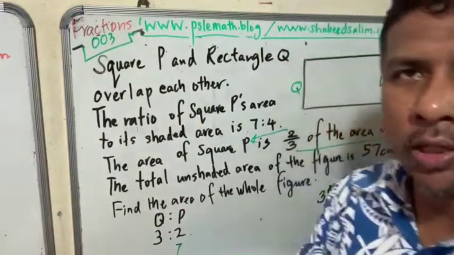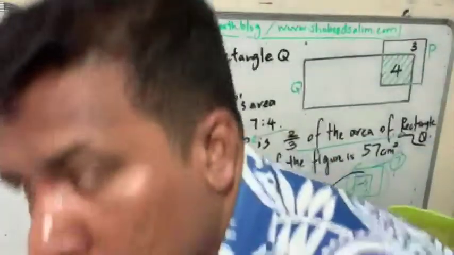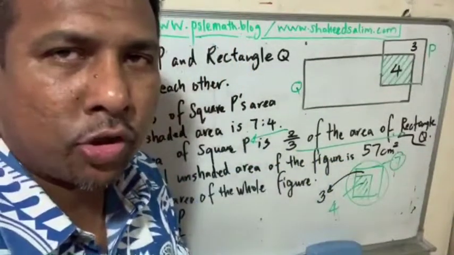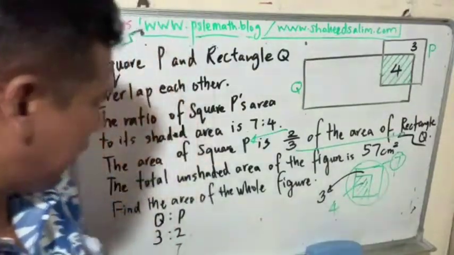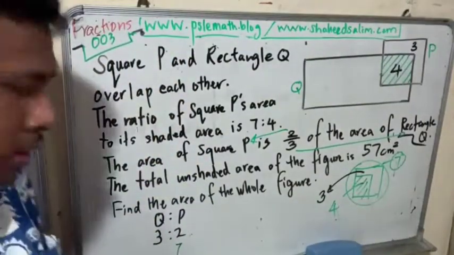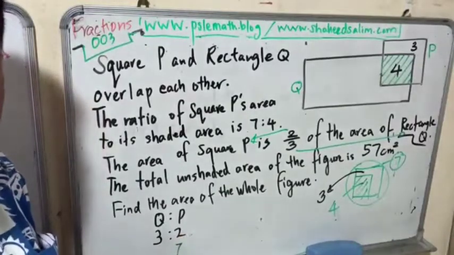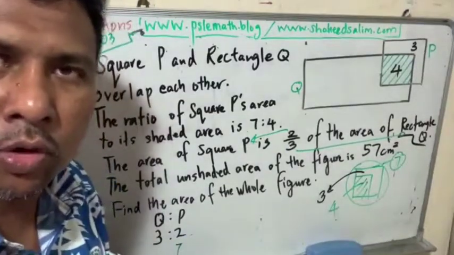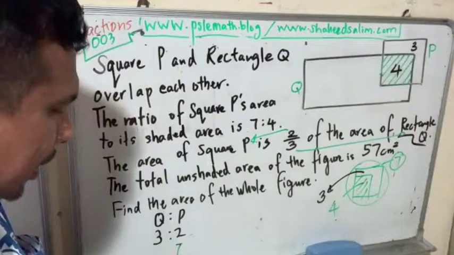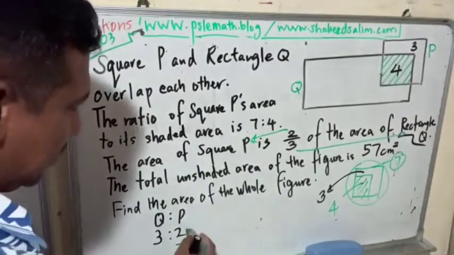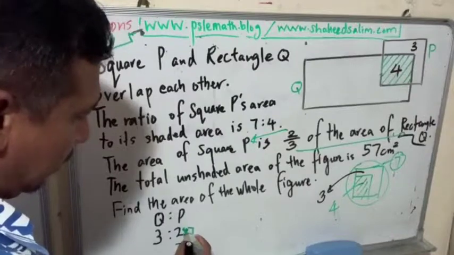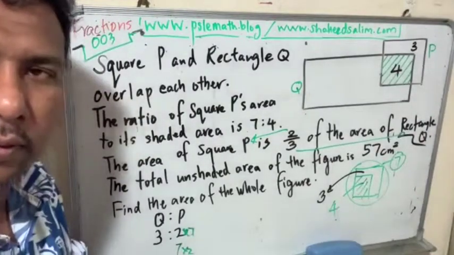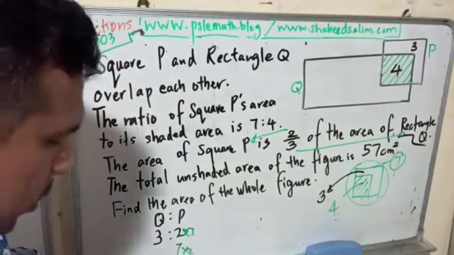As mentioned earlier, you need this to be the same. You have 2 and 7, and you need them to be the same. So you multiply 7 by 2, and you get 14. Both will have 14.